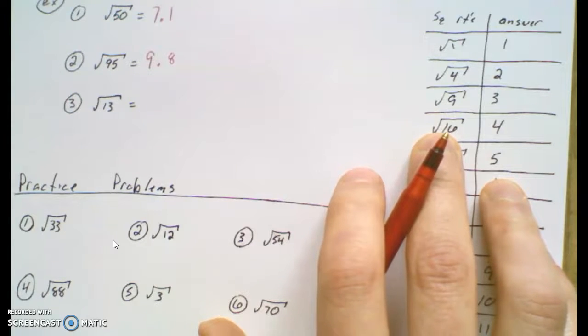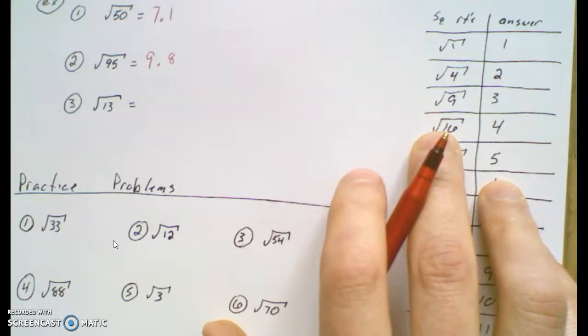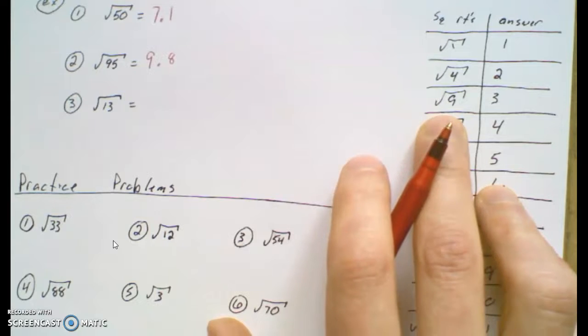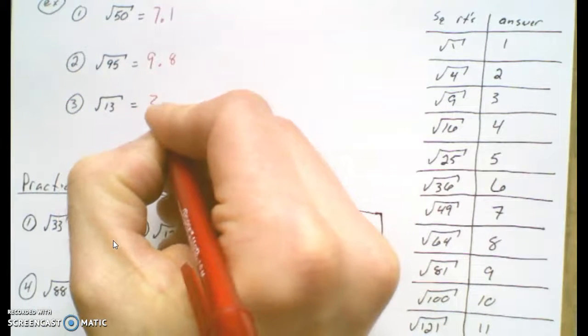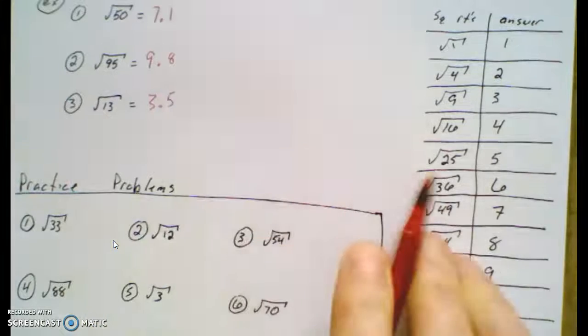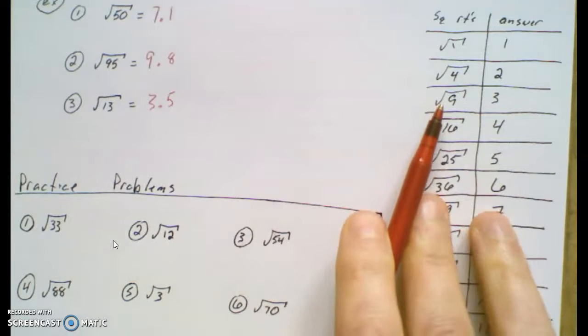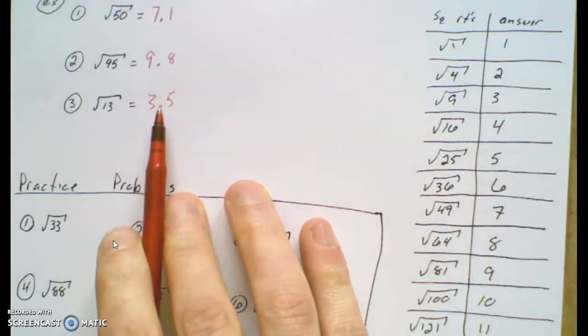I could do some math and figure out which one specifically it's closer to, but since this is estimating, I don't really care. I realize 13 is really close to being in the middle of 9 and 16. So I'm just going to go with 3.5 for my final answer.